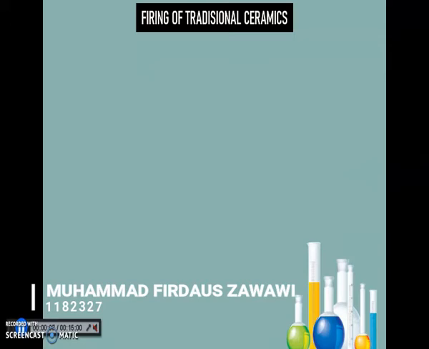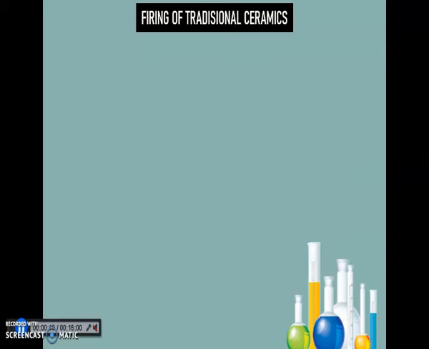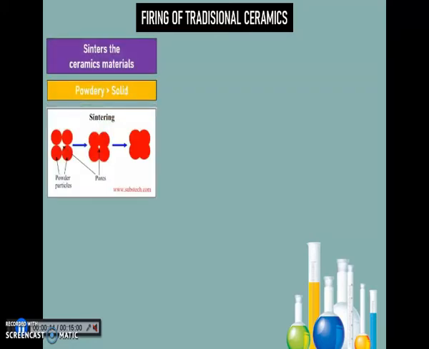So today I will share with you about one topic, firing of traditional ceramic. So basically, bila kita sebut firing of traditional ceramic, the process that occurs inside the firing is sintering basically.